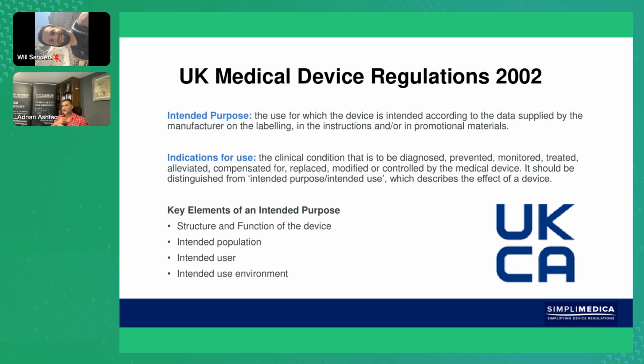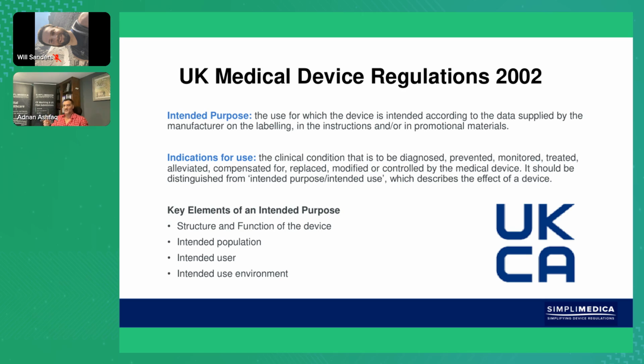The indications for use are then defined as the clinical condition that is to be diagnosed, prevented, monitored, treated, alleviated, compensated for, replaced, modified, or controlled by the medical device. It should be distinguished from the intended purpose, intended use.